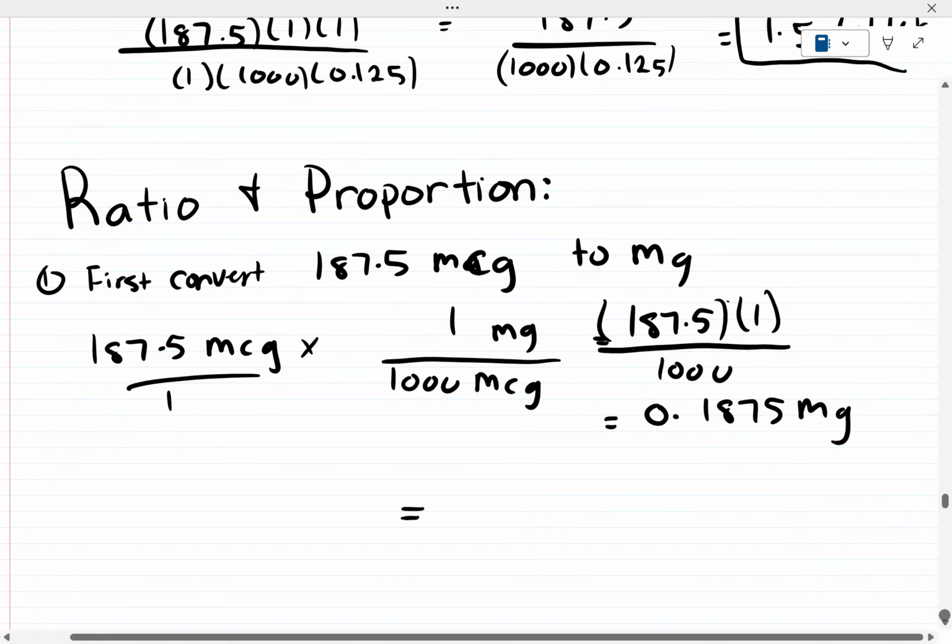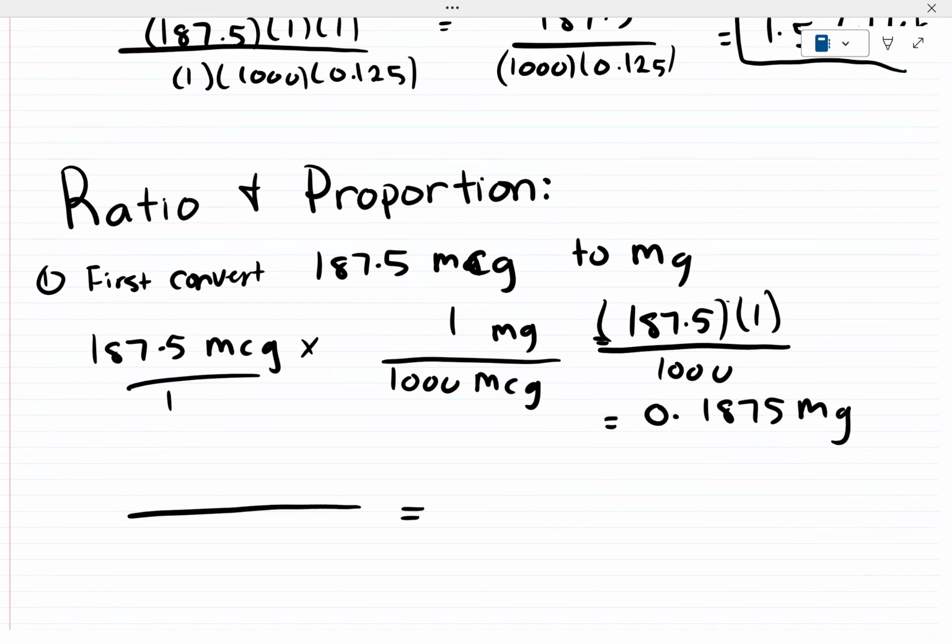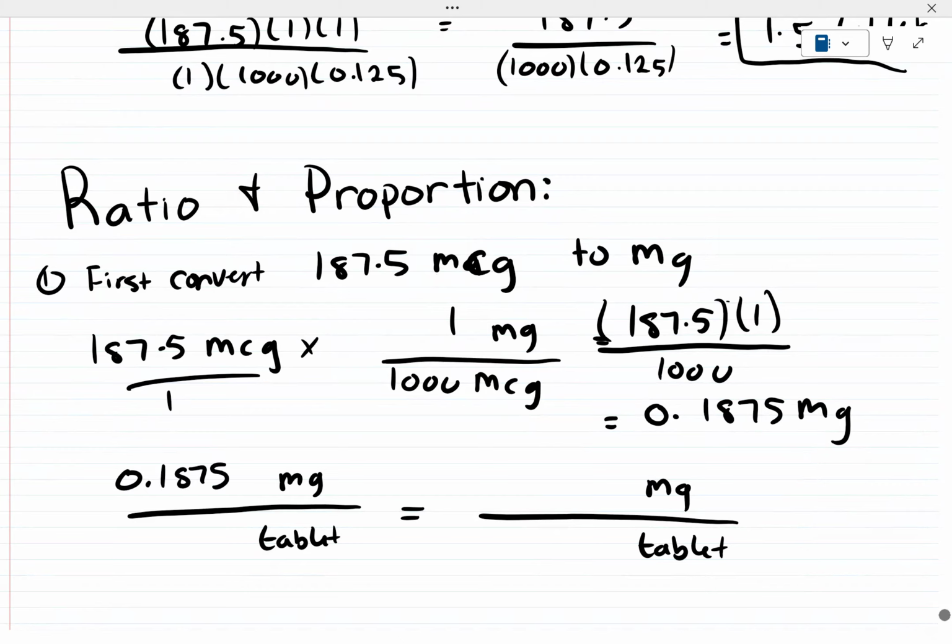So we're going to now set up our ratio and proportion. We can put mg on the top, tablet on the bottom, mg on the top, tablet on the bottom. Our desire was 0.1875 mg. We don't know how many tablets, and our availability is one tablet based on the prescription.